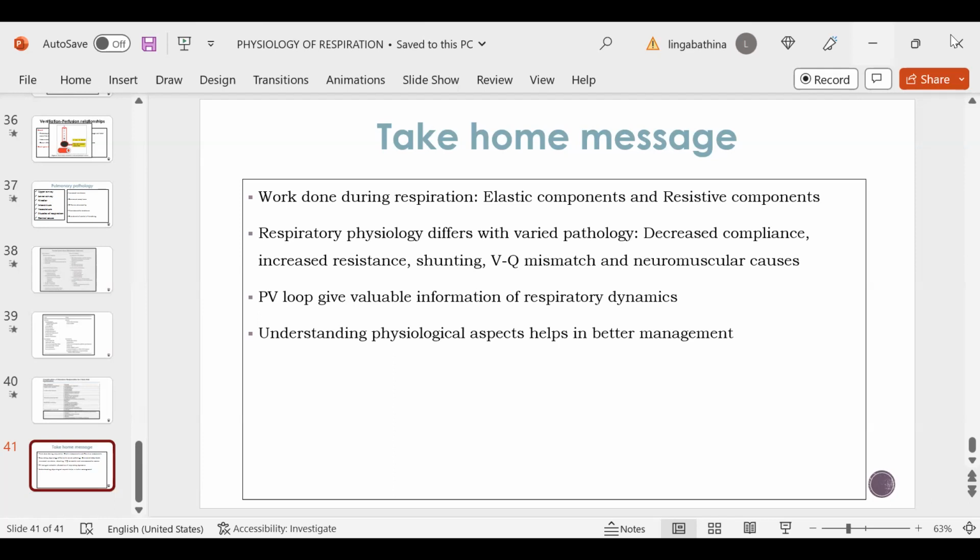Tachypnea is the first sign. If someone is having bradypnea, something is definitely going wrong and you need to do something immediately. This is based on the rate. At any age, a rate of more than 60 or less than 10 is abnormal. This is regarding the rate you should understand.